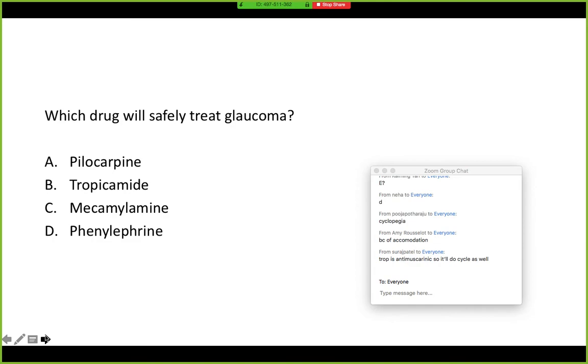Okay, so what drug will safely treat glaucoma? Right, A. So why is A the correct answer? Somebody? Why did you pick A?